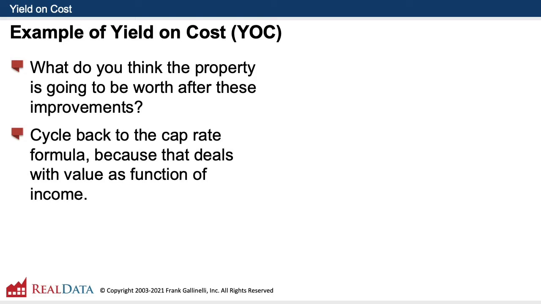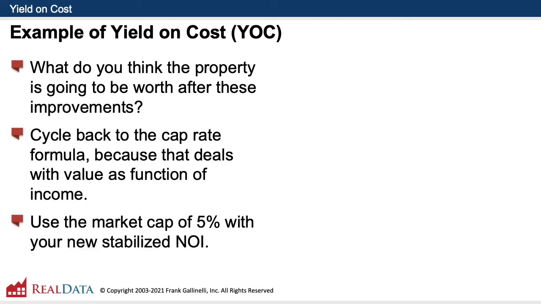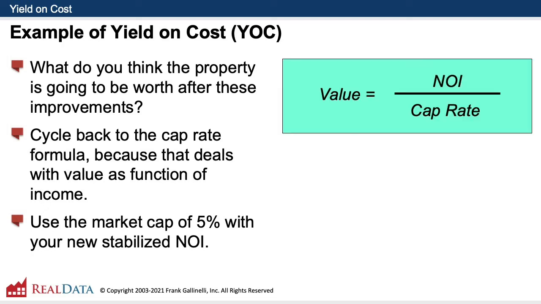For that, you'd probably cycle back to the cap rate formula, because that deals with value as a function of income. You'll use the market cap rate of 5% with your new stabilized NOI. So as you see here, value equals NOI over cap rate.